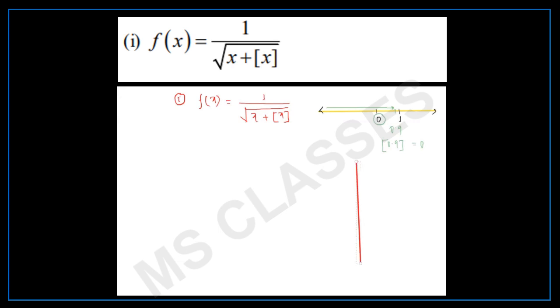Now, if we plot this, how does it look? All of you know. Minus 2, minus 1, 1, 2. So graphically, what we observe, that is the graph.